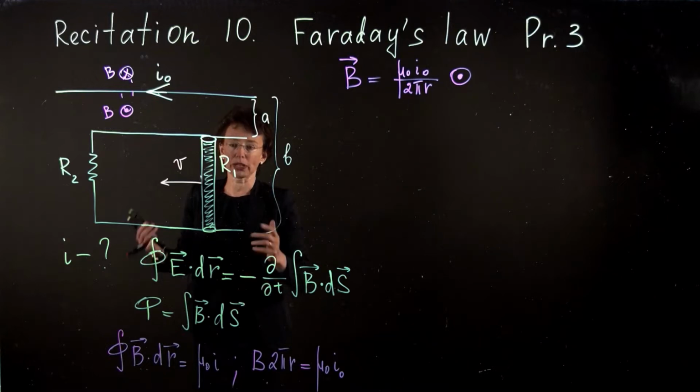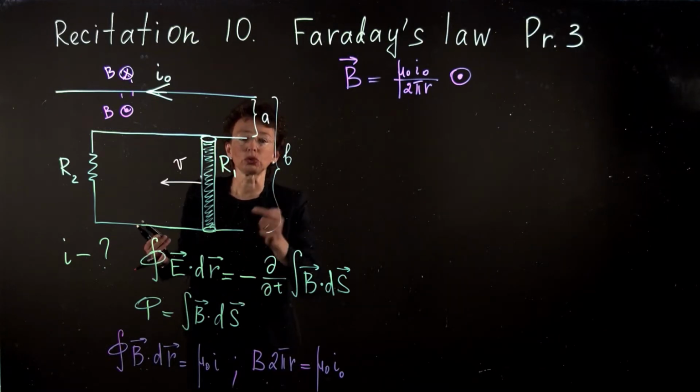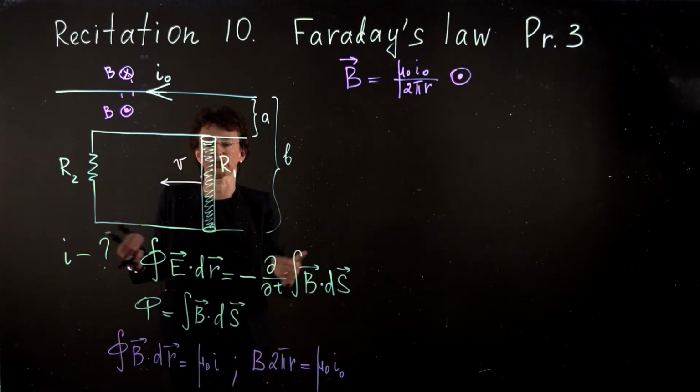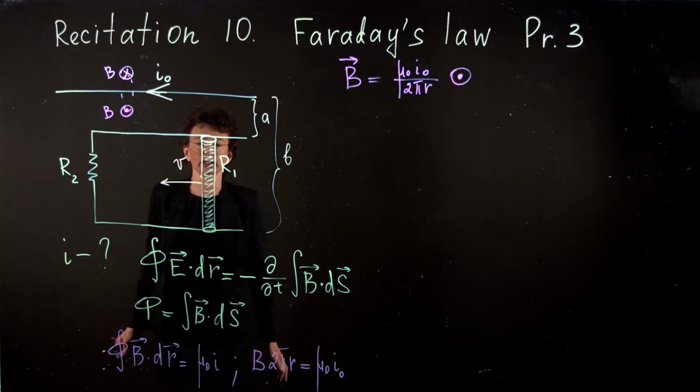Wonderful. Now we need to figure out what will be the direction of this current, and I like to find the direction of current from the very beginning using Lenz's law. So let's think about it.